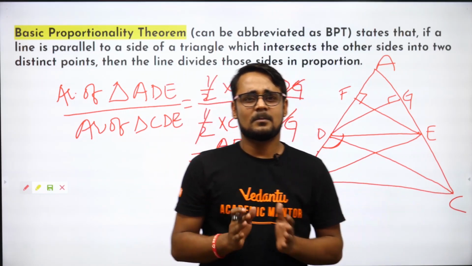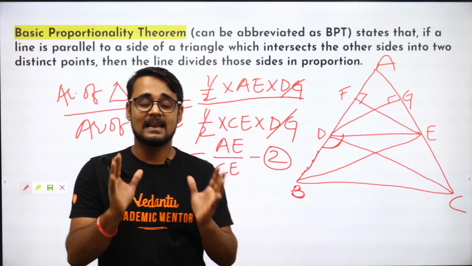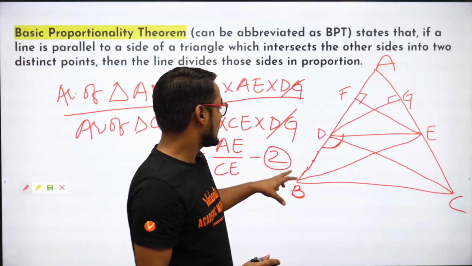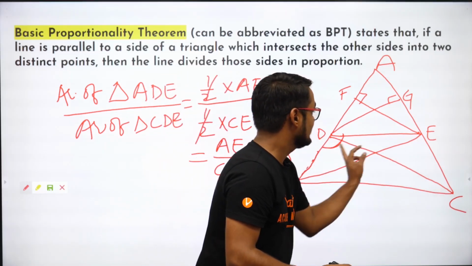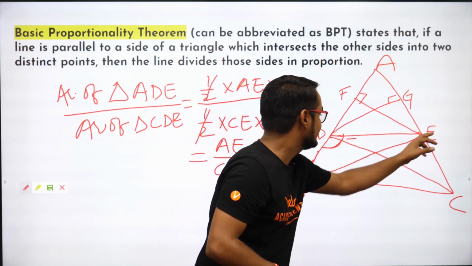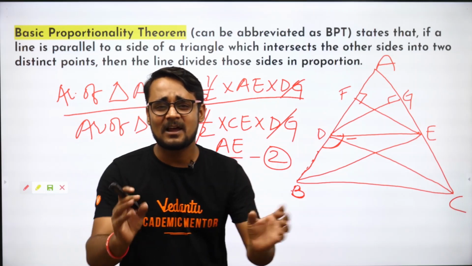So what is the theorem? The theorem states that if two triangles lie on the same base and between the same parallels, these two triangles BDE and CDE lie on the same base DE and between the same parallels DE and BC, then they will be equal in area.